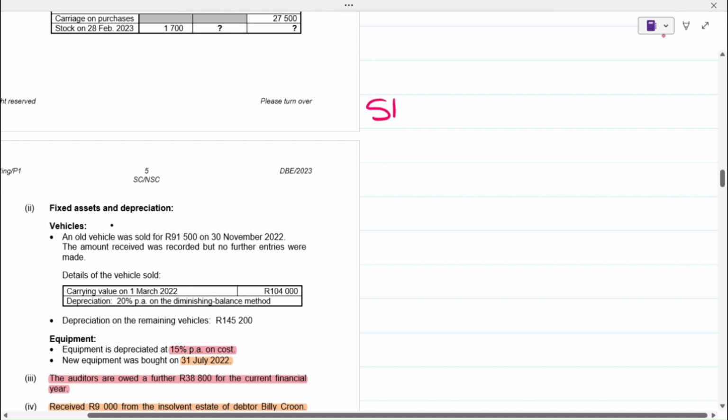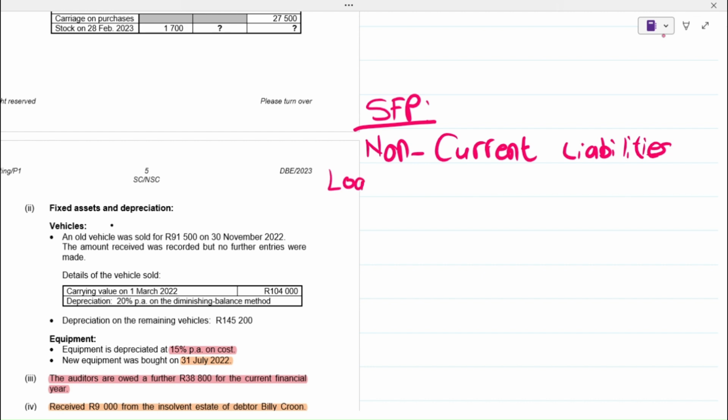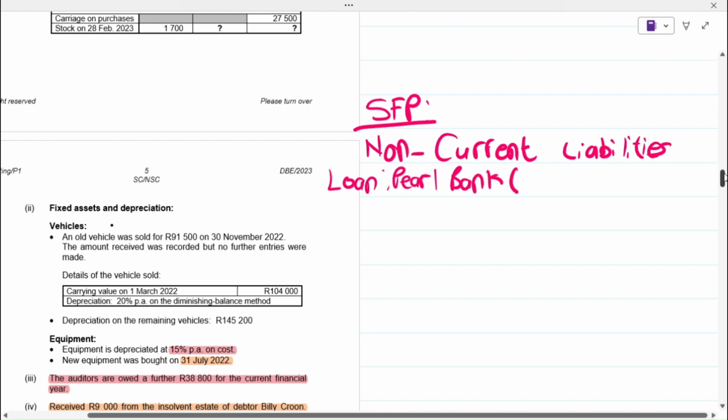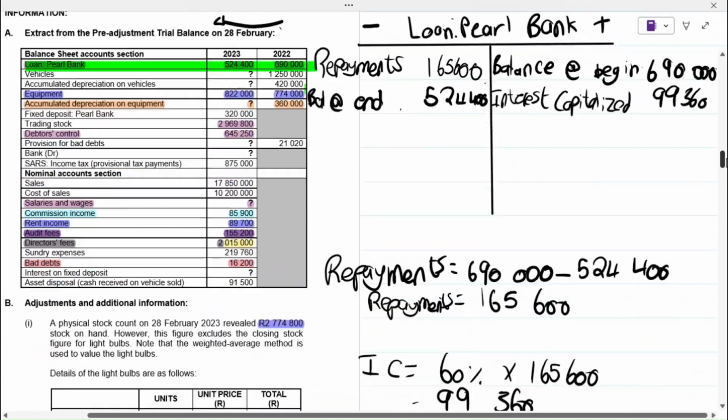So under my statement of financial position, under my non-current liabilities, I will have a loan from Pearl Bank, which will be my balance at the end minus my current portion on loan.